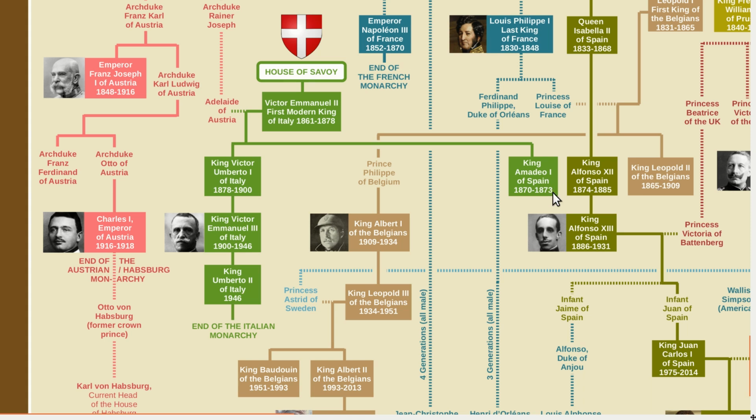And after him, there was a short period where Spain was a republic, but then the Bourbon monarchy was restored, and Isabella's son, Alfonso XII, became king. And we go back to the Bourbon monarchy.